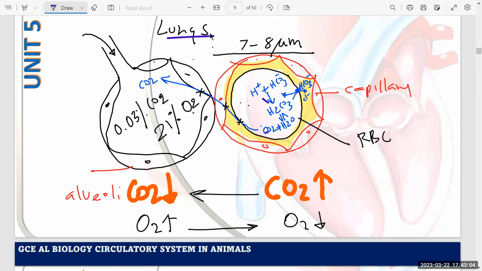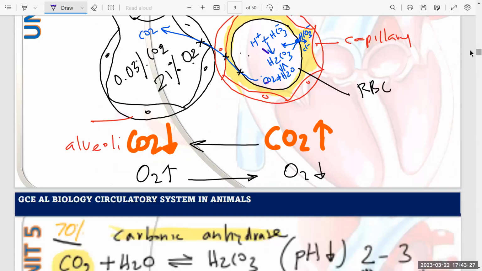In the lungs, bicarbonate converts into carbon dioxide to be removed from the body. Is it clear now? Yes, okay.